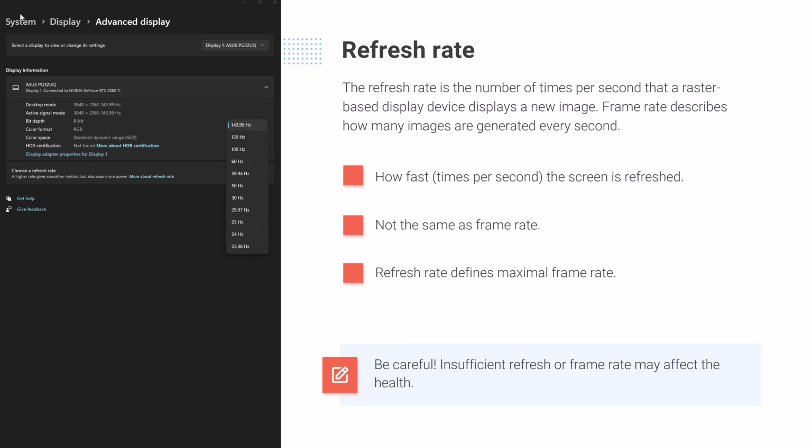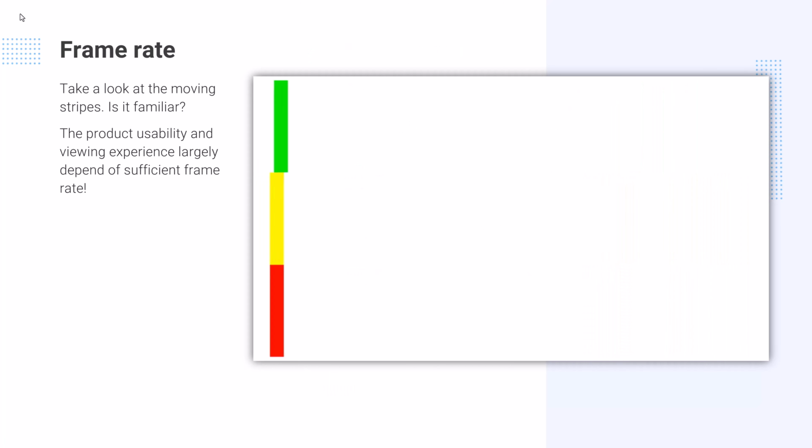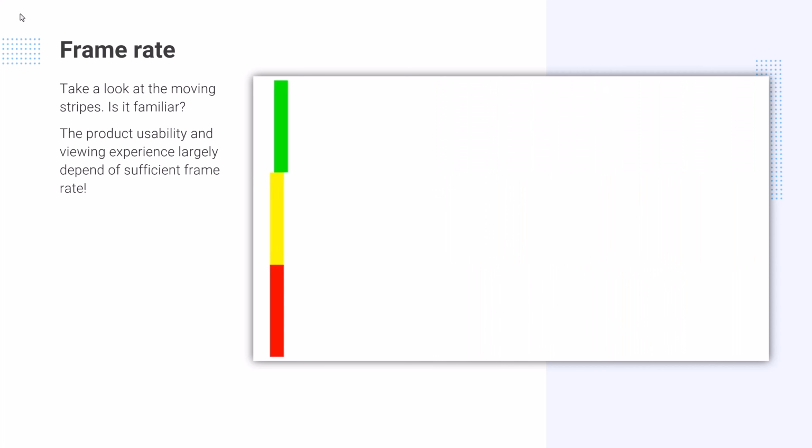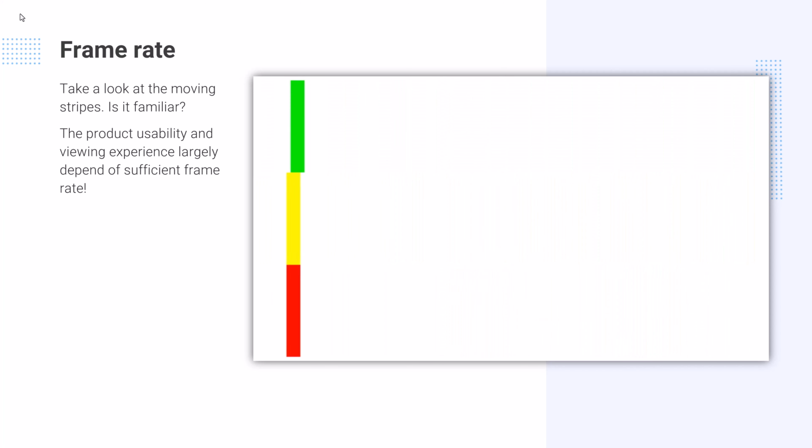The influence of a low frame rate is similar to that of a low refresh rate. There is no big reason to exceed the refresh rate as additional generated images will not be displayed. In this video, examples of different frame rates are provided. You see how dramatically the frame rate affects the user experience.